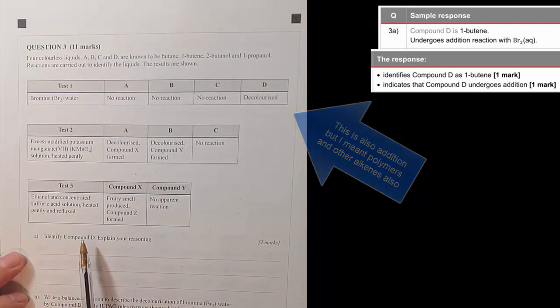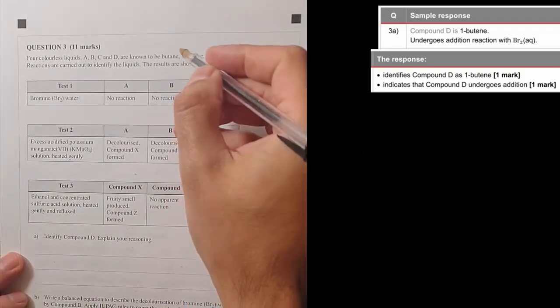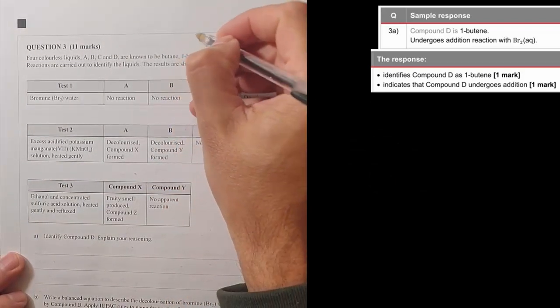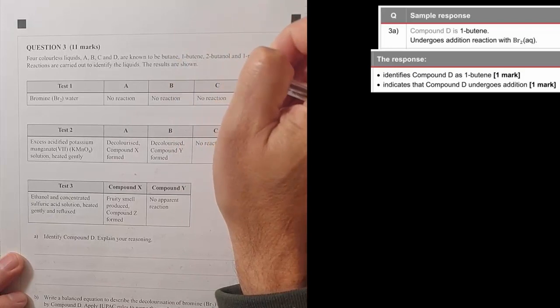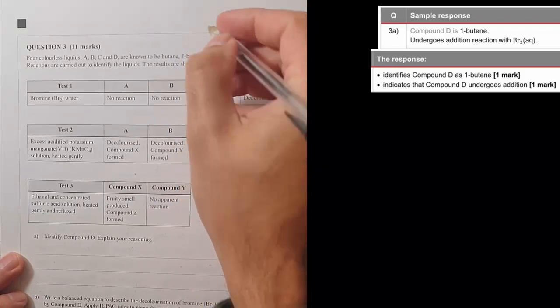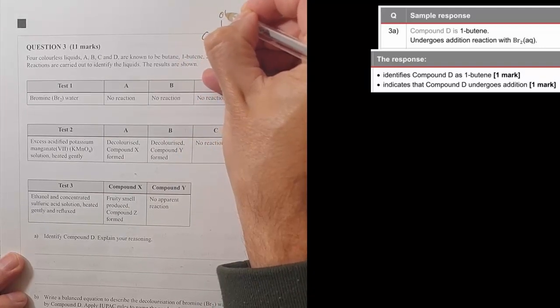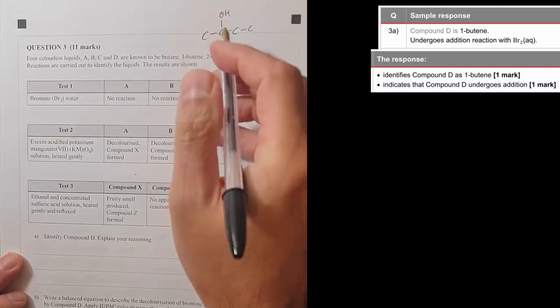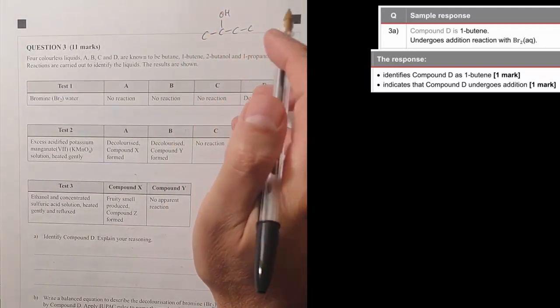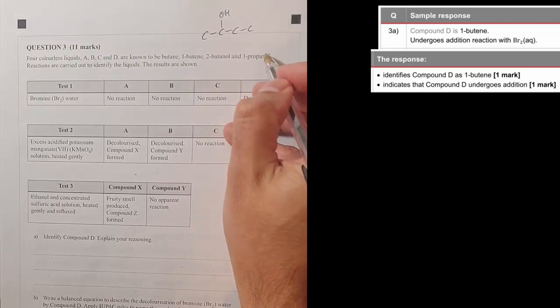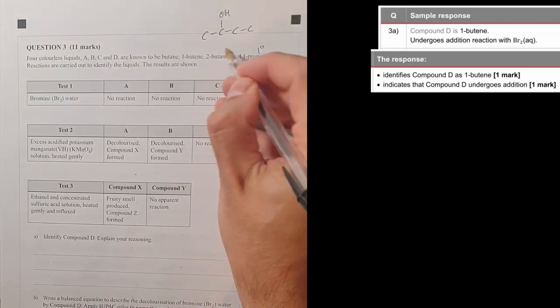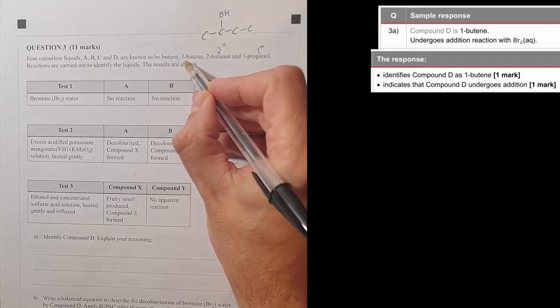So identify compound D. So what do we got? We've got butene, butanol, propanol. We need to draw those out because oxidation of alcohols won't occur in tertiary, and secondary only goes to ketone. 1-propanol, that's definitely primary. This one's secondary.